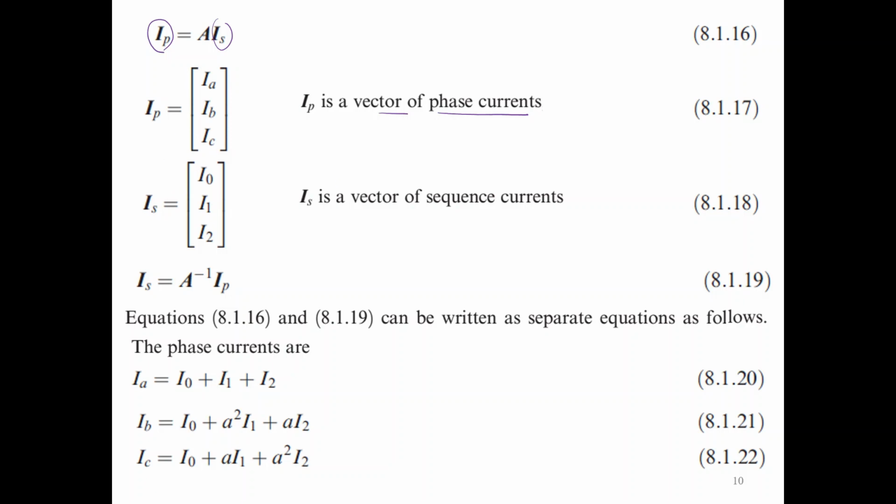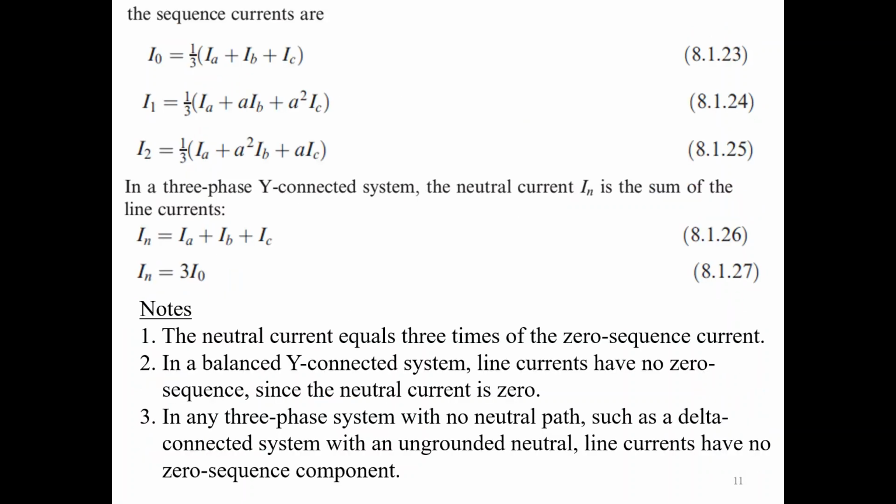IS is the sequence current, I0, I1, I2. The same relationship pertains, because if you multiply by the inverse on both sides, then you find IS based on the known IP. This is a similar expression to what we showed earlier.